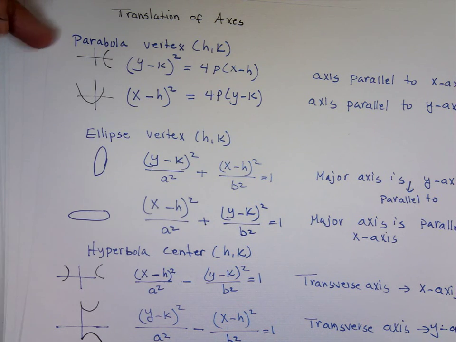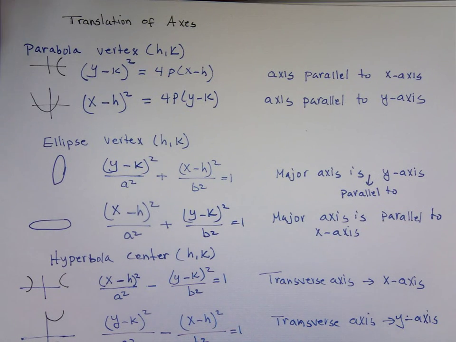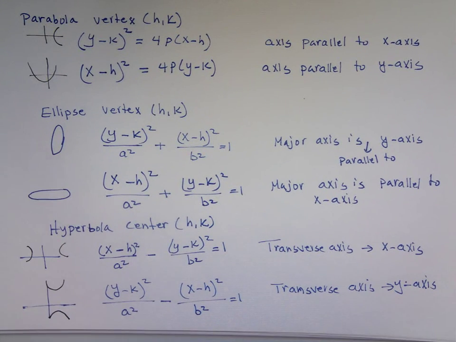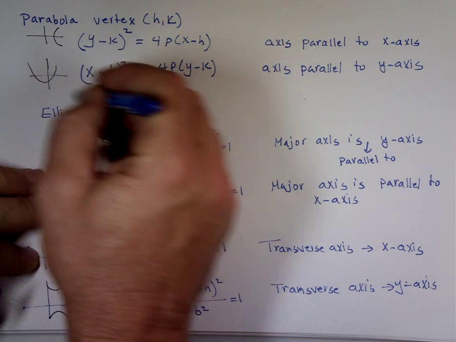So that's how you know which one is which. Now let's take some examples and go through them. All the ones we did on these, the center was at the origin. But now we're changing the center. So you get three things to look at. The first one is the parabola.